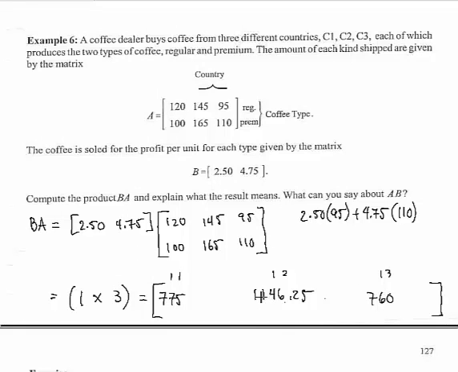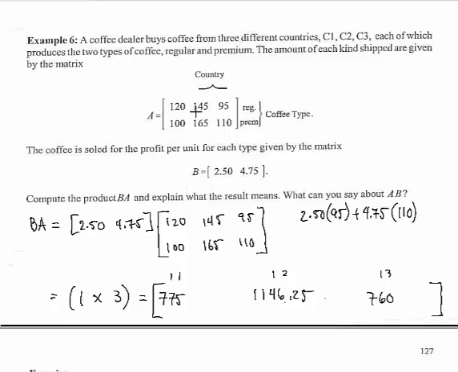Okay, so this is how much profit we're going to make from each country. We get 250 profit from regular coffee and 475 profit from premium. So we're going to make more profit from country 2, and that just has to do with the fact that we get more coffee from country 2.